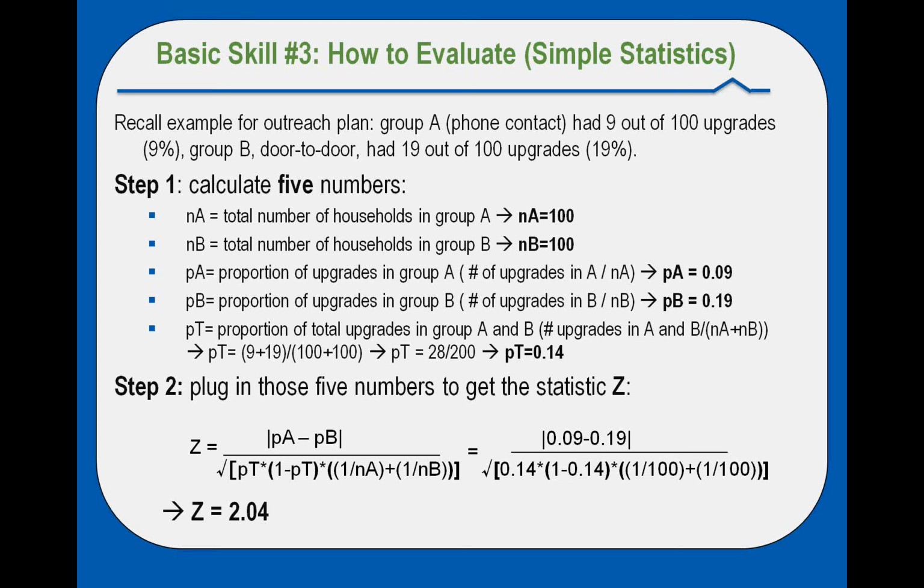You can calculate for yourself what you think the difference is. That top portion, that PA minus PB, is what you think the difference between those two groups is going to be. So maybe that's 5%, or maybe you think it's 50%. And then you can plug in NA and NB, the number of people in group A and the number of people in group B, and just play around with it yourself and come up with a number that you feel comfortable with.